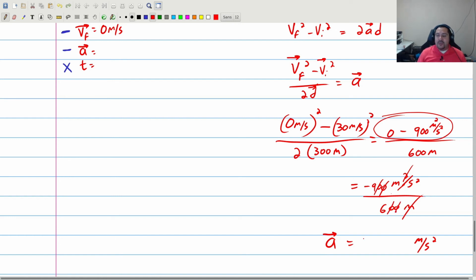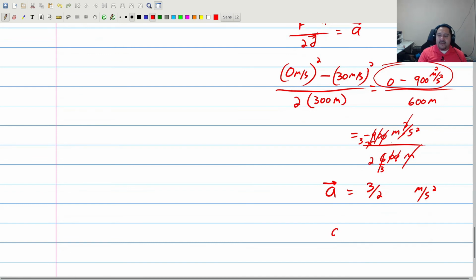We can divide both of those by 3, and that reduces to 3 over 2. 3 over 2 meters per second squared, or maybe you'll just have a equals 1.5 meters per second squared. And it's negative.